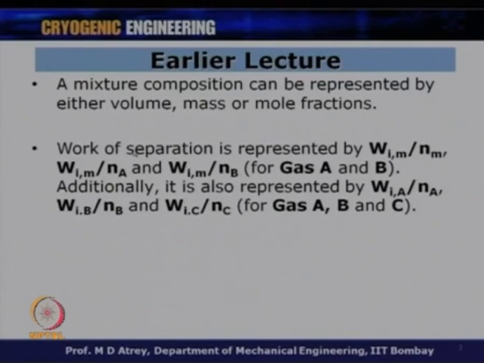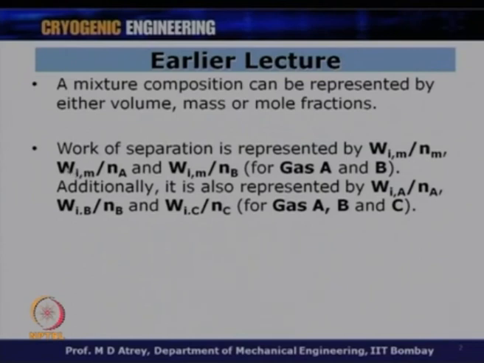Then we found out the expression for work of separation, and this work of separation is represented by W_IM by n, that is, ideal work of separation of mixture per mole of mixture.